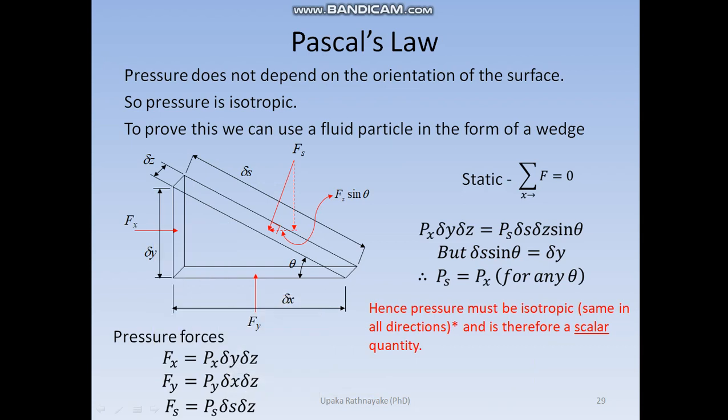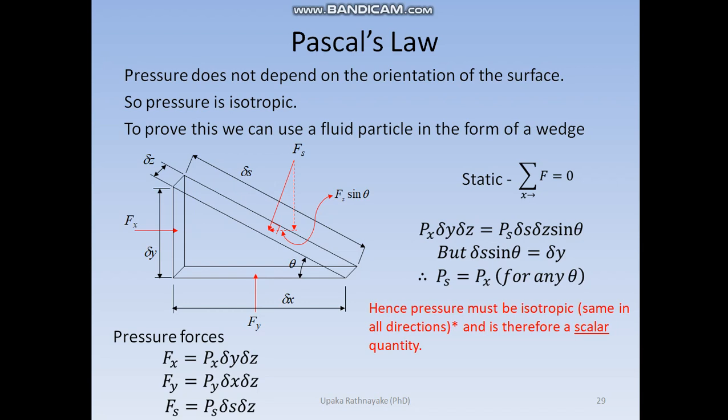If we consider this Fx, it is going to be equal to the pressure Px into the area, that is delta y into delta z. Similarly, Fy is equal to Py, pressure acting on this plane, into delta x and delta z. Fs is equal to Ps delta s delta z.